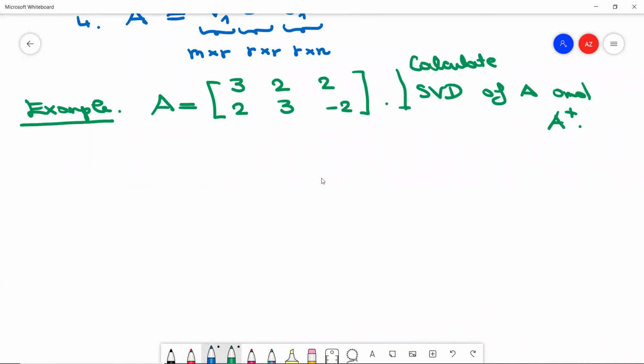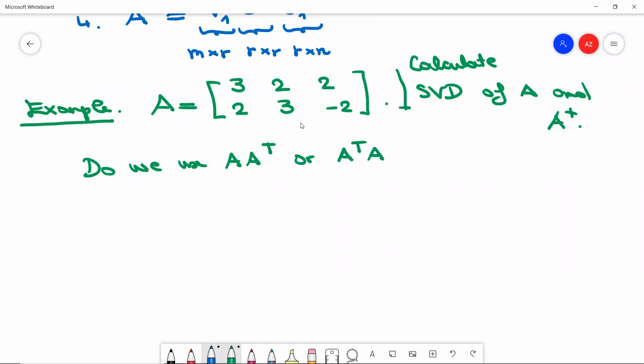So if we follow the algorithm for SVD, we know that we have to calculate the eigenvalues of A transpose A or A A transpose. And my question is, what is easier in this case? Do we use A A transpose or A transpose A?